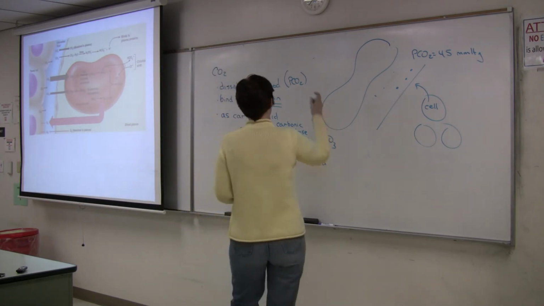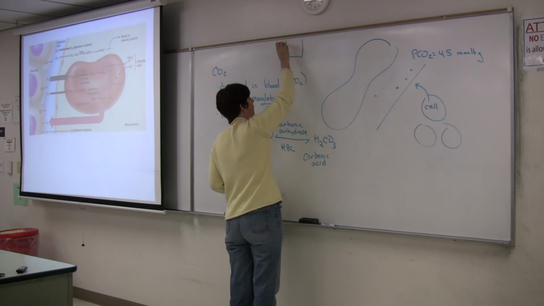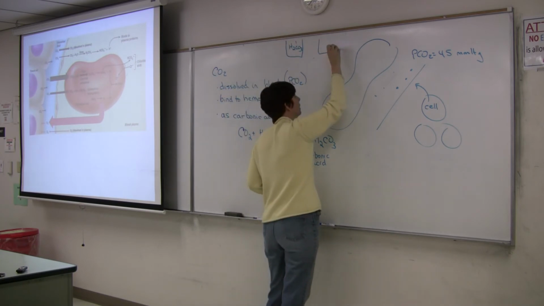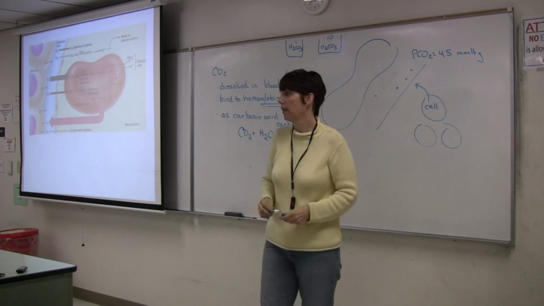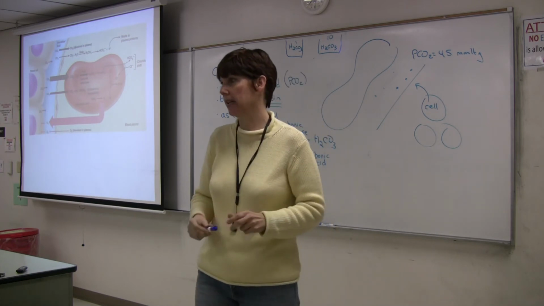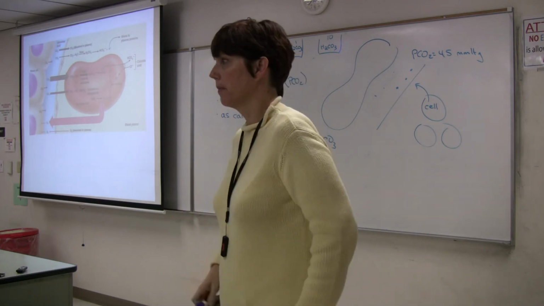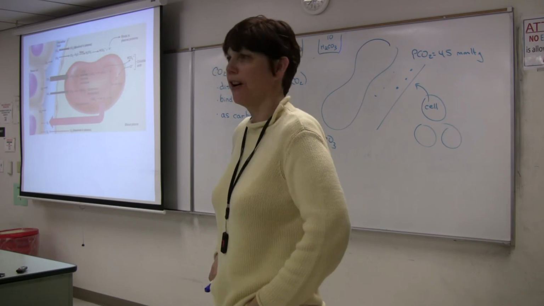Here's 1 molecule of carbonic acid. Here's 10 molecules of carbonic acid. Which one has a lower, more acidic pH? You guys fall for me every time.